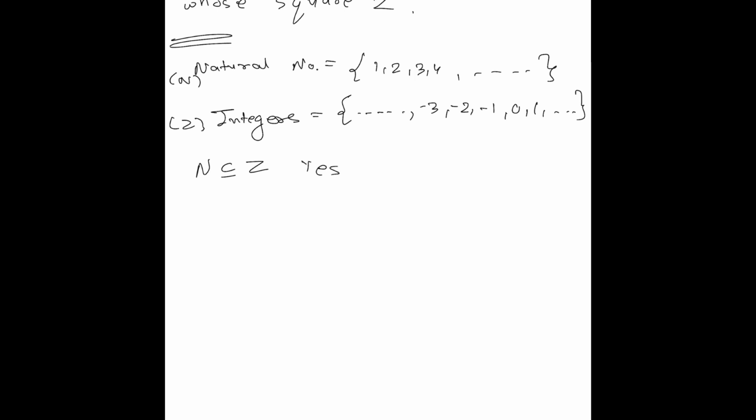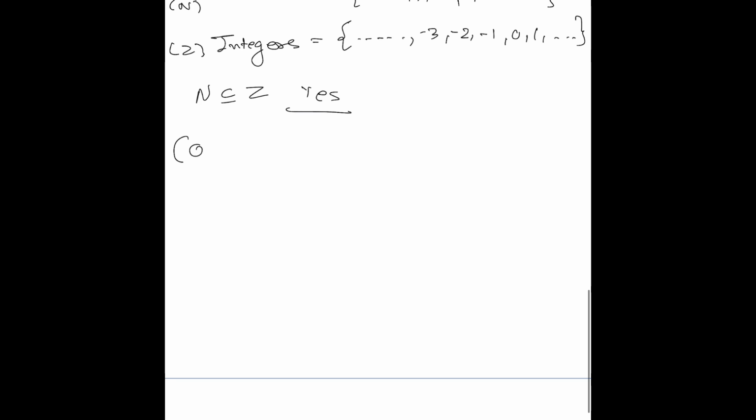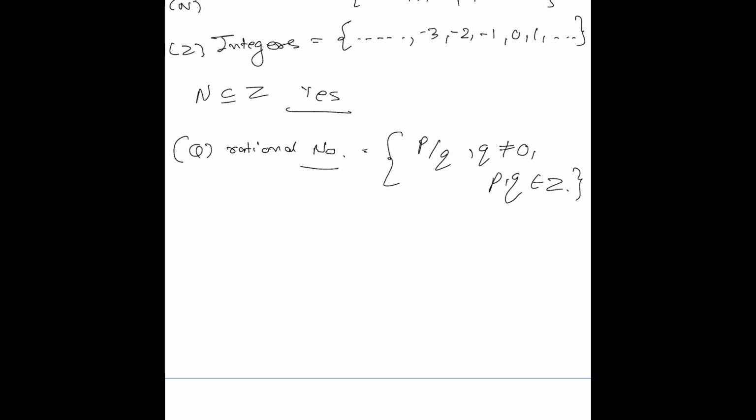Then we have the rational numbers, denoted as Q. A rational number should be in the form of p by q, where q should not be equal to 0, and p and q belong to the integers. This is the main thing here. So natural numbers are a subset of integers, and integers are a subset of rational numbers. This is the whole chain.